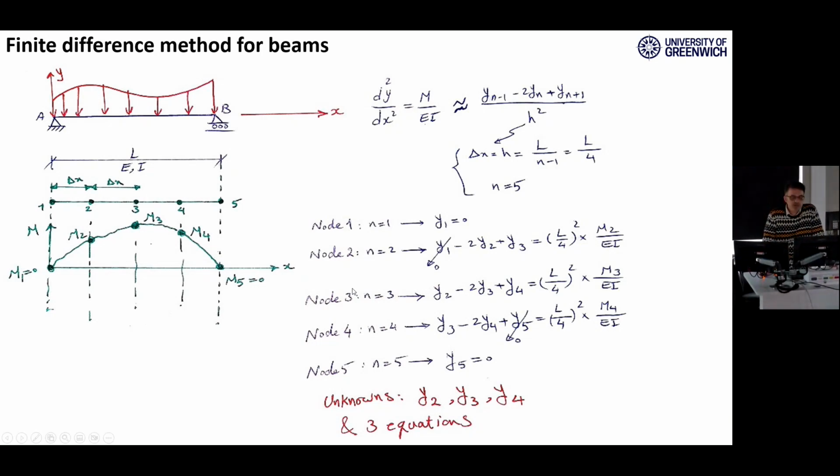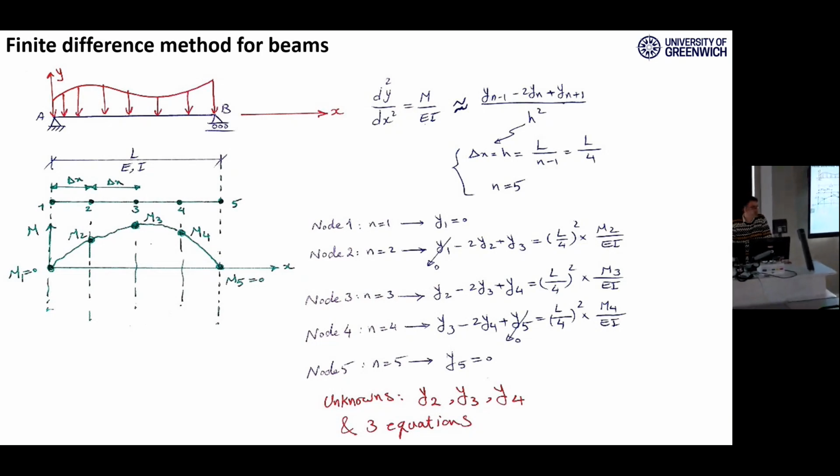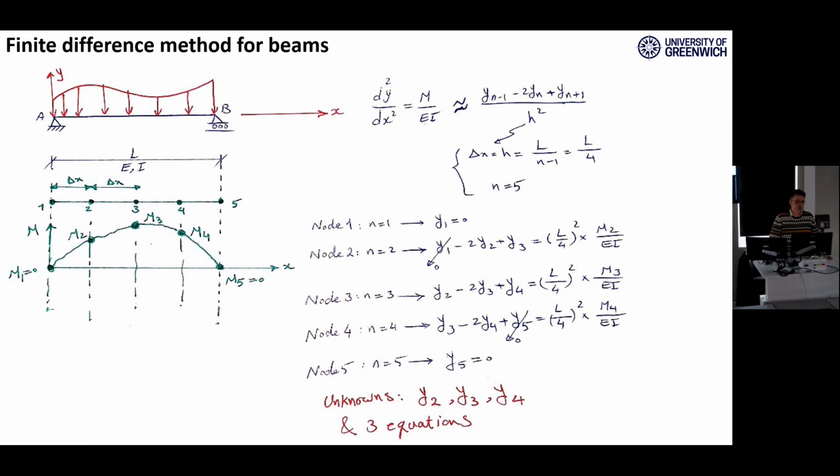We have 5 points, so see node 1, node 2, node 3, 4, 5. What can we say in each node? In node 1, we can say y1 is 0. Why would we say that? It's a support. Absolutely. M1 is 0, y1 is 0 because it's a support.